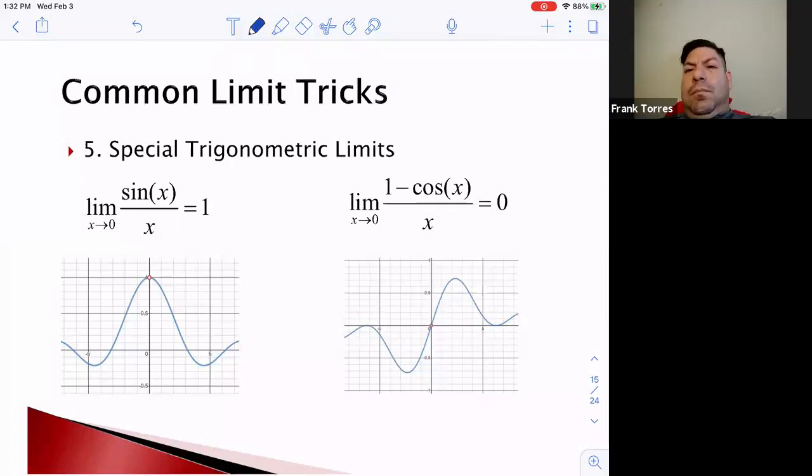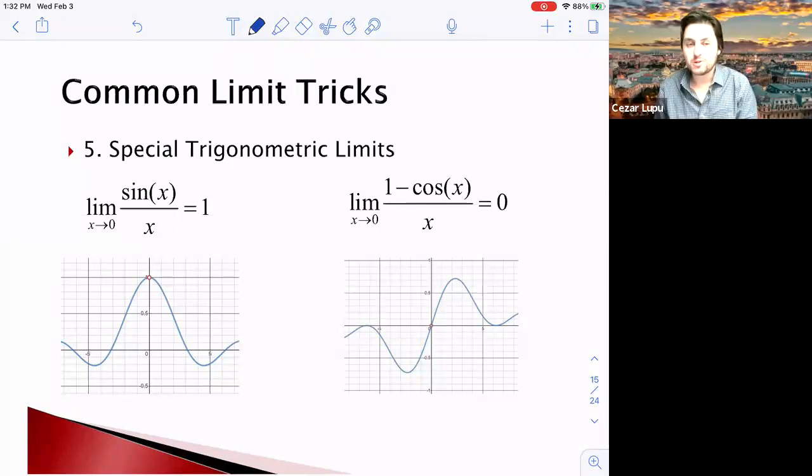So I would suggest you take them very seriously, and this starts with these two trigonometric limits, which would be important. Like I said, I have already emphasized the first one many times, but the second one is this here.